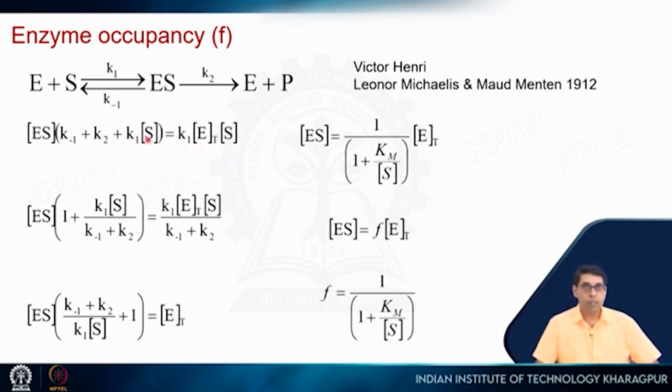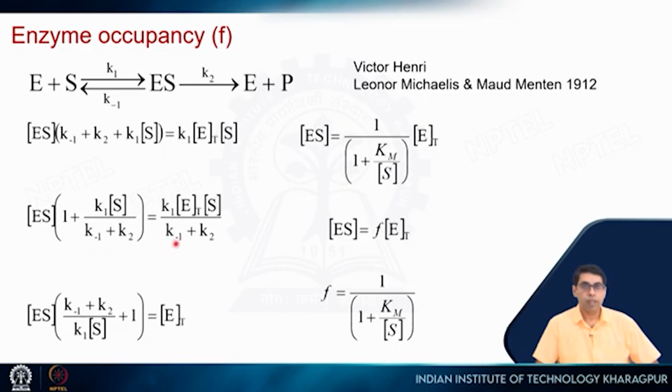So now we start from this equation. In the next step I have divided this by K minus 1 plus K2, so this becomes 1. And this is what you get, and then this divided by K minus 1 plus K2. So this is the second step. Now we take K minus 1 plus K2 divided by K1S, and we divide both sides.